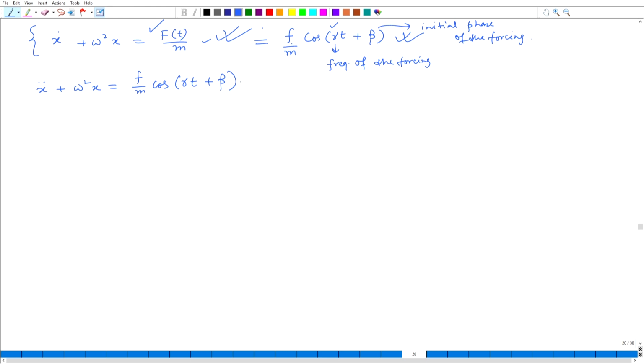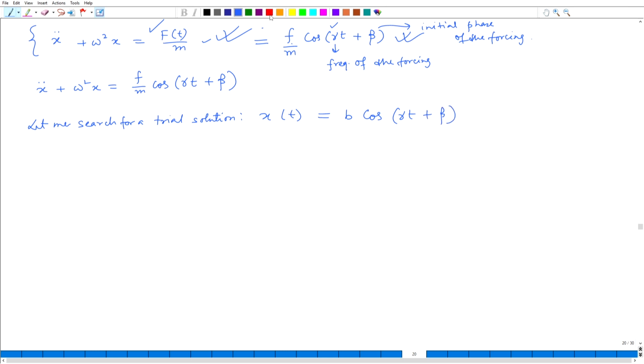I have to come up with a trial solution. Let me search for a trial solution where x(t) will be given by b cos(gamma t plus beta).